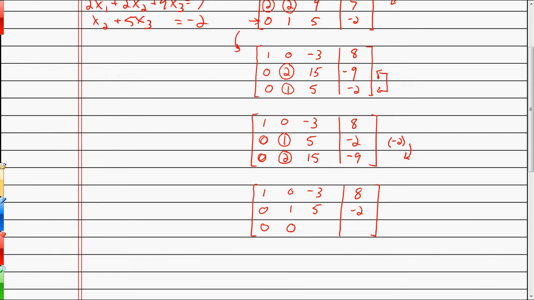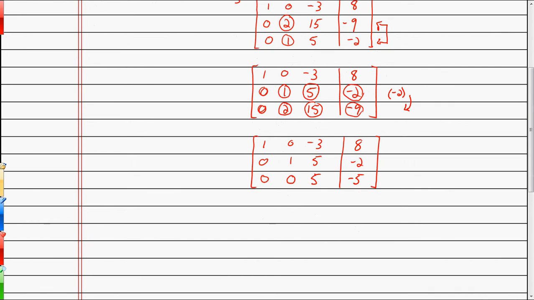Okay. So negative 2 times 5 is negative 10 plus 15 is 5. Negative 2 times negative 2 is 4, plus negative 9 is negative 5. And I think that looks good so far.